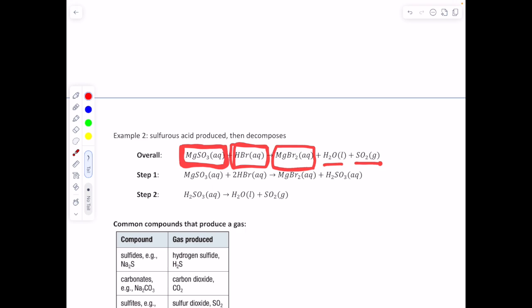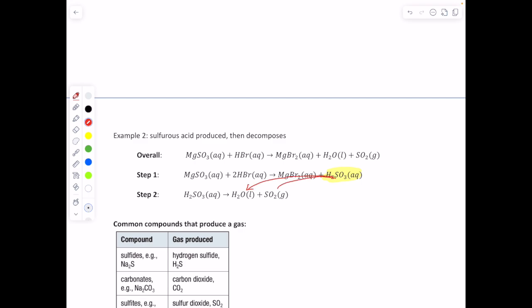But this happens because of the intermediary step in which sulfurous acid is produced. If sulfurous acid is produced, then it will decompose into water and sulfur dioxide gas. So the overall equation looks like this.